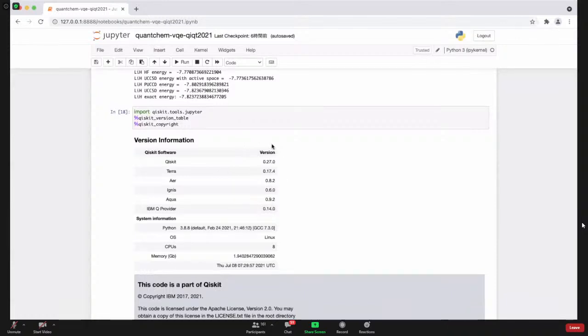In the Jupyter notebook I've shared, in the same directory there's a README. If you see the README, you could get an idea of what version I have installed, because we have a lot of development going on in Qiskit. If the version changes, it may not run in the manner I showed you today. So just as a heads up, please be careful about the version.